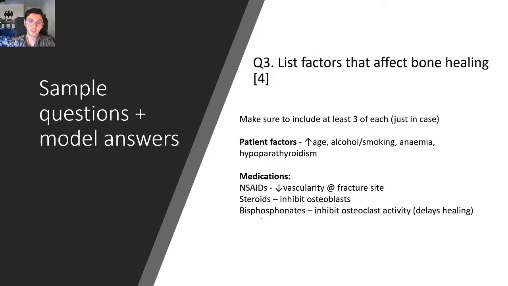Yes, they are. But if a patient has bisphosphonates and they've had a fracture, well, you want to take them off the bisphosphonates because their fracture won't heal. Or you might want to change their dose or change their bisphosphonate, because you need the bone to heal, and that takes priority over the osteoporosis.